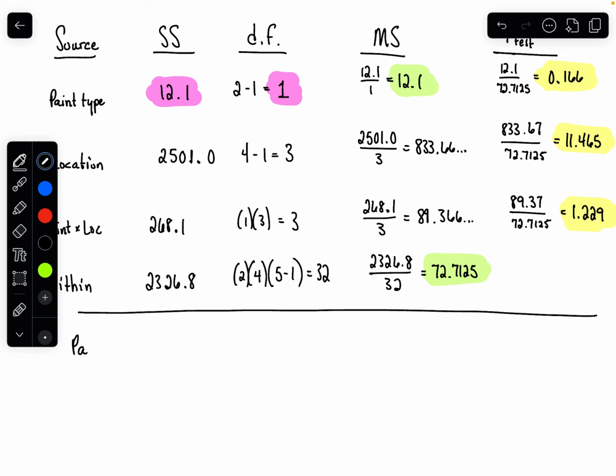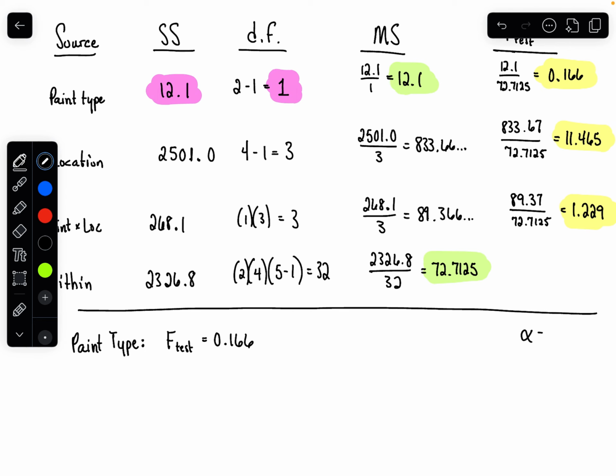So let's look at each of these one at a time. Paint type. We have a test statistic of 0.166. To get the critical value, we have to go to the F table for alpha equals 0.01. Let's not forget that.